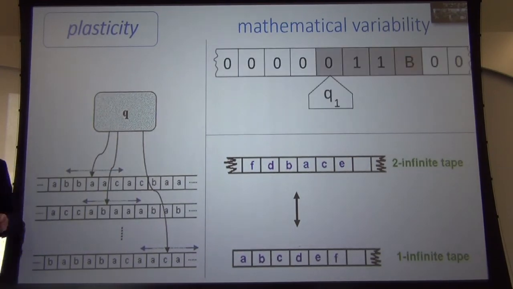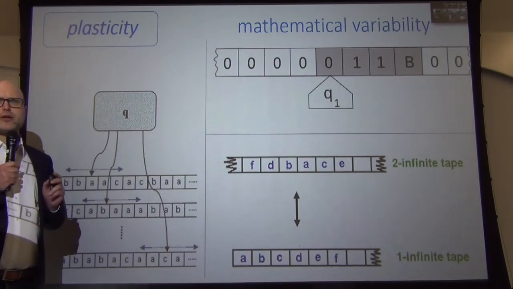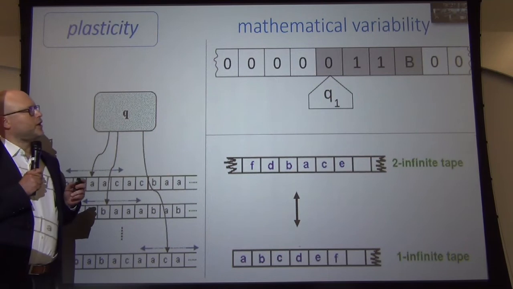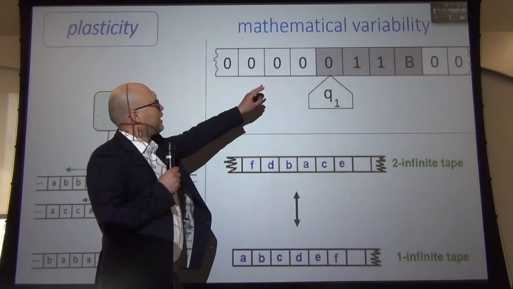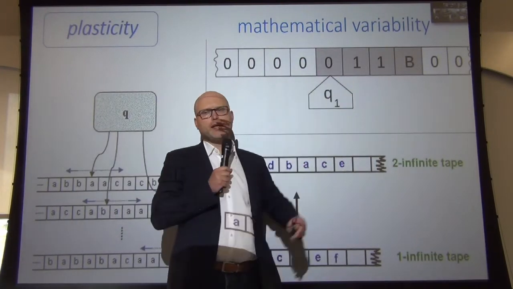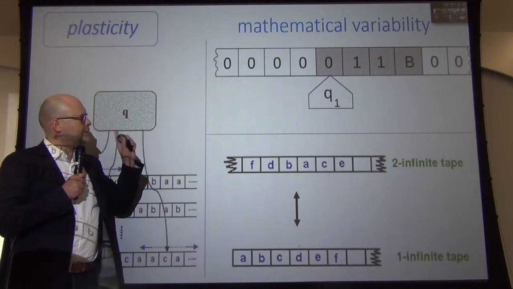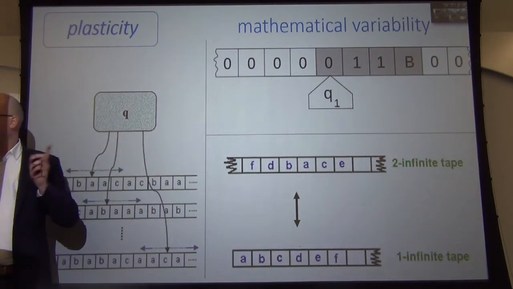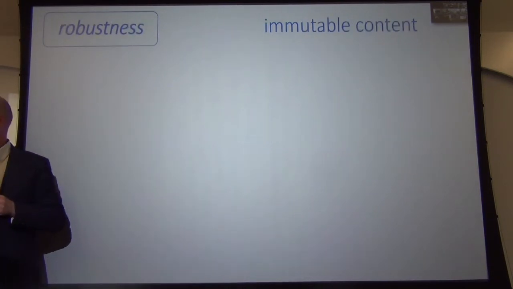And a third example of mathematical variability is the kind of symbols that can be written on a Turing tape. Unary notation is one example, binary notation, or here we have three kinds of symbols, a 0, a 1, and a B for blank. This is all just fine. So plasticity is something we can check off based on an analysis of all these textbooks.